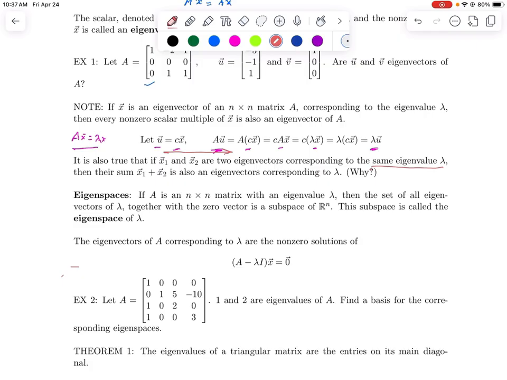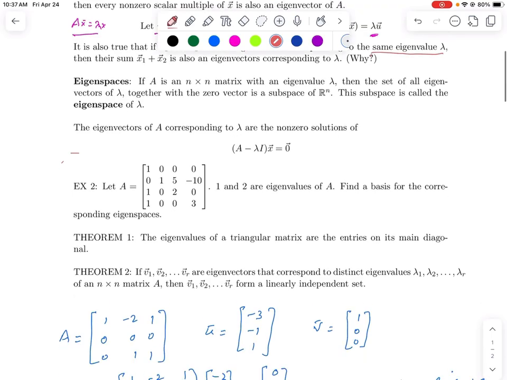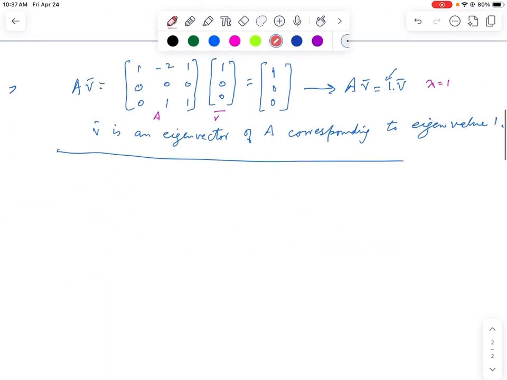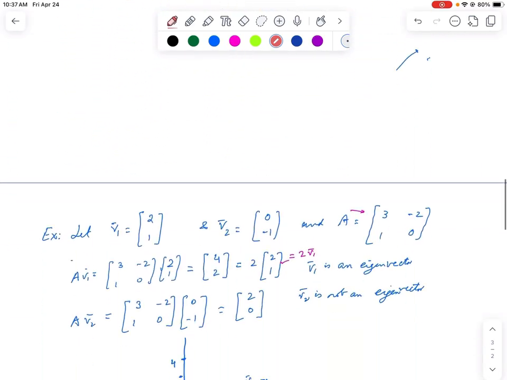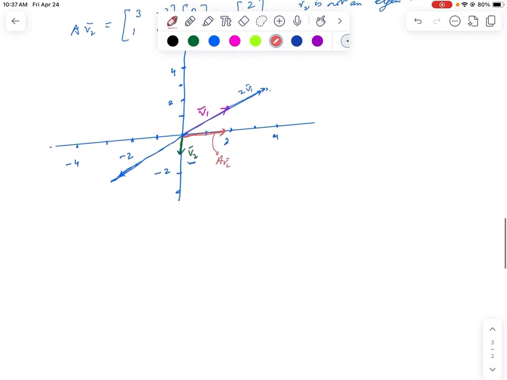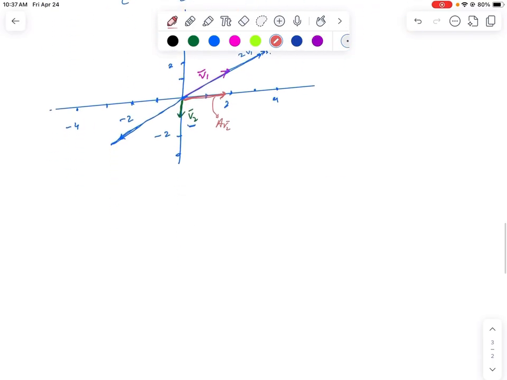So if we have two eigenvectors which correspond to the same eigenvalue, then the sum of these vectors is also an eigenvector. So basically, let me show you what geometrically it means. Geometrically you can imagine that if we have two eigenvectors for one eigenvalue, then we are in a plane. So let's say these are the two eigenvectors, u1 and u2.